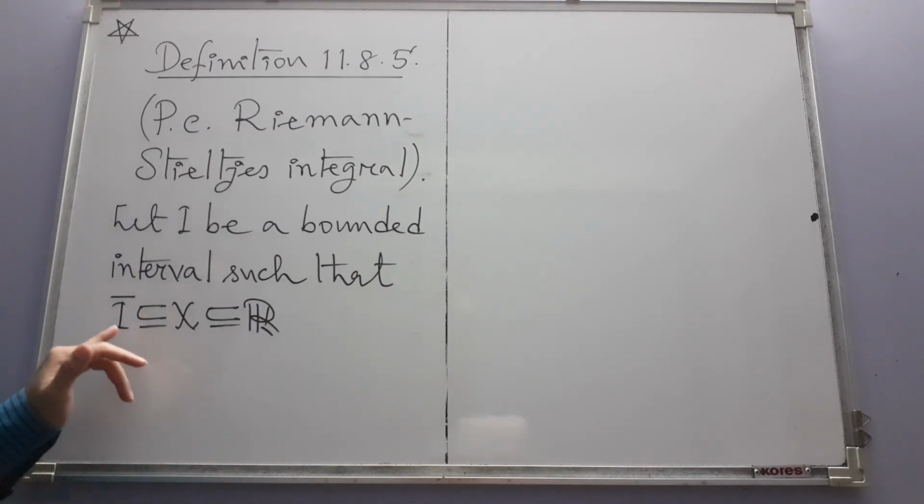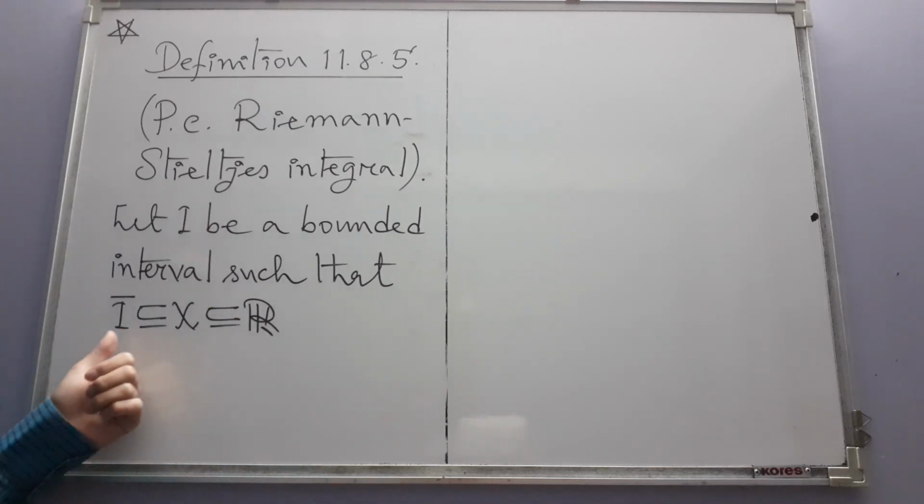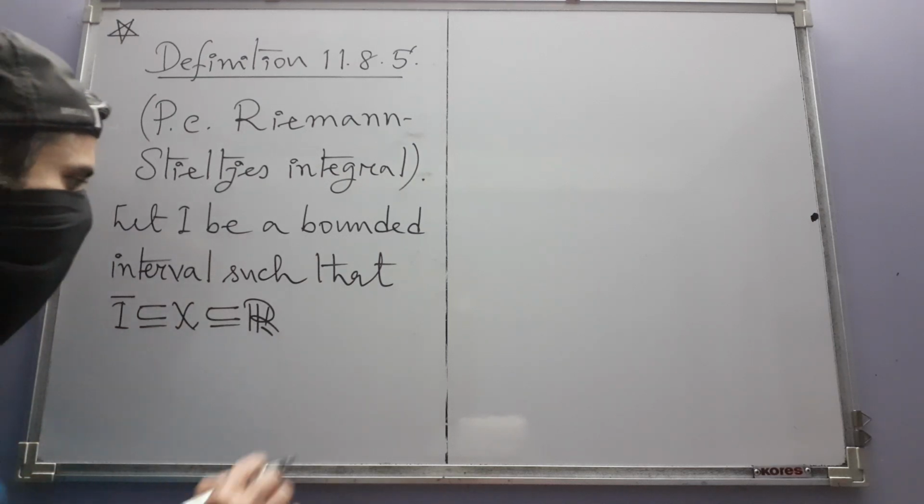This condition means that little modification we made in the definition of alpha length. We require not just that I be a subset of X, but the closure of I be a subset of X.